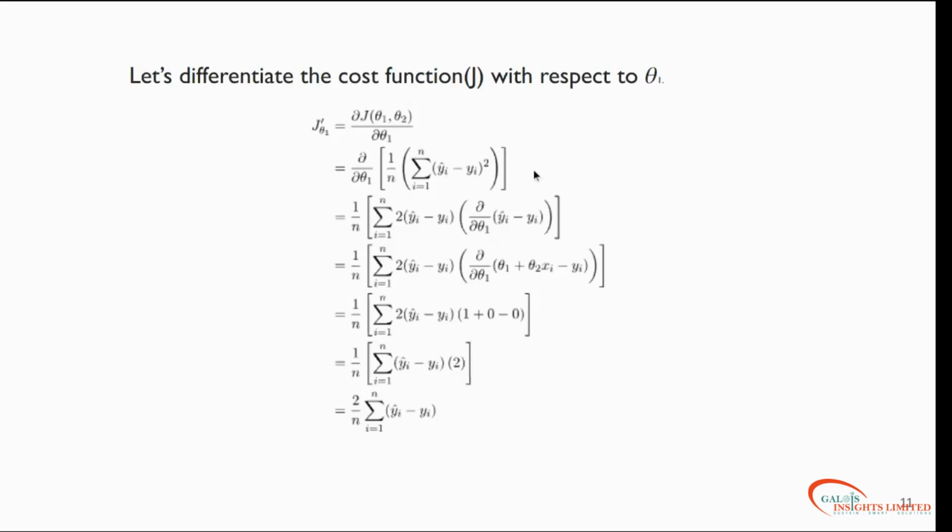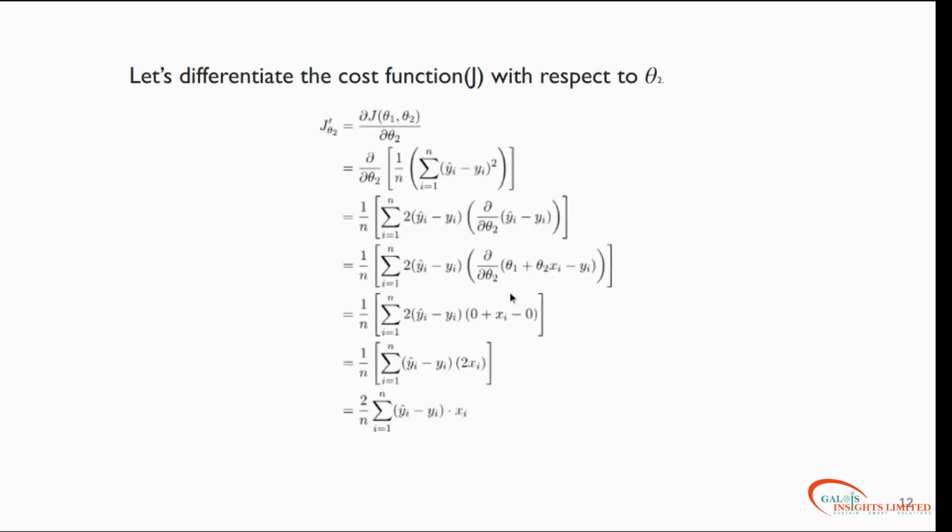So the next line, remember the y hat simply refers to the hypothesis function, which is theta naught plus theta 1 xi. But in this case, it's theta 1 plus theta 2 xi. So this is some kind of inconsistency, but I hope my writing part will help.